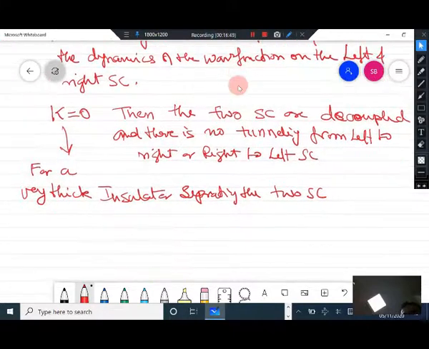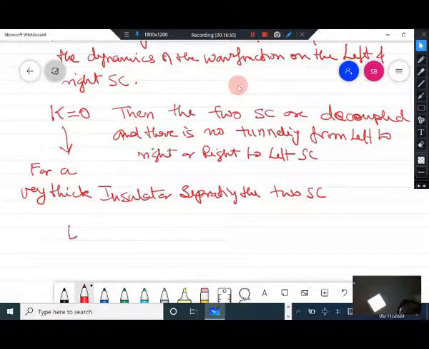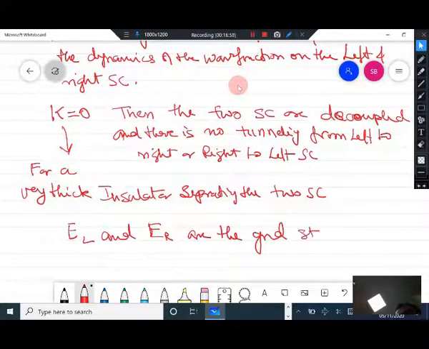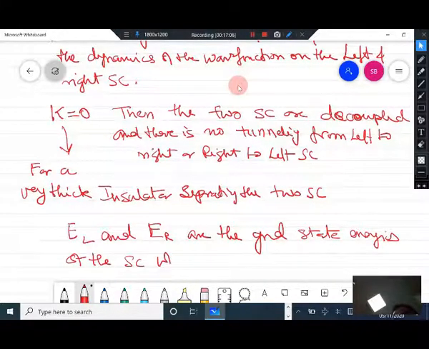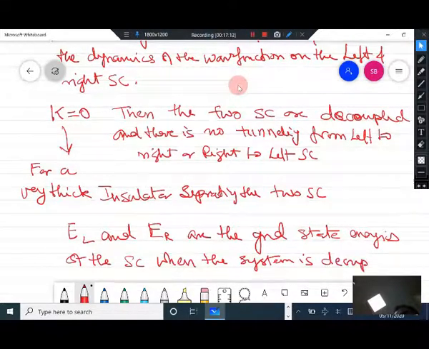The energies in the above equations, E_L and E_R, are the ground state energies of the superconductors when the system is decoupled.